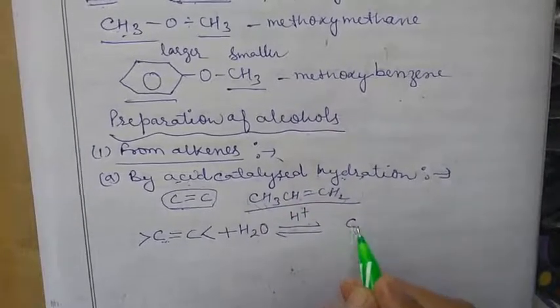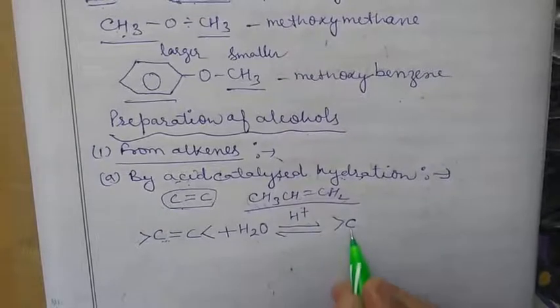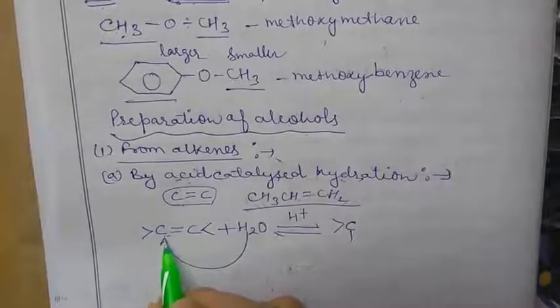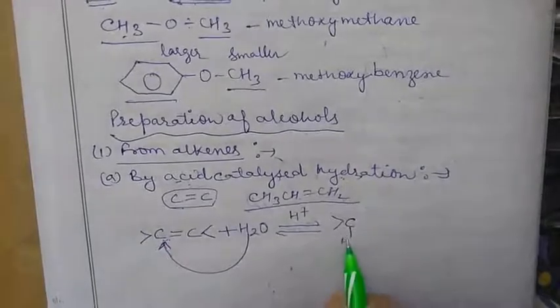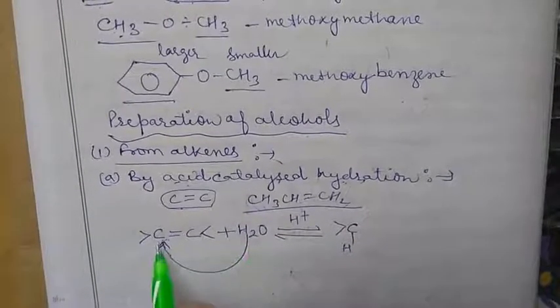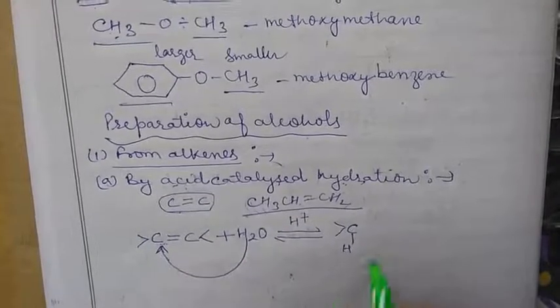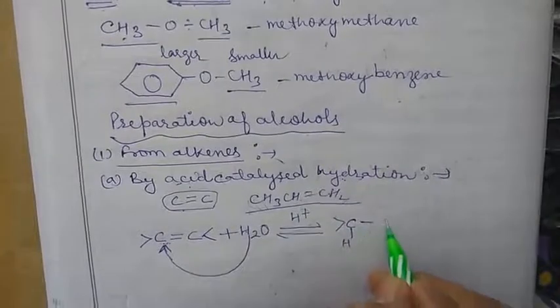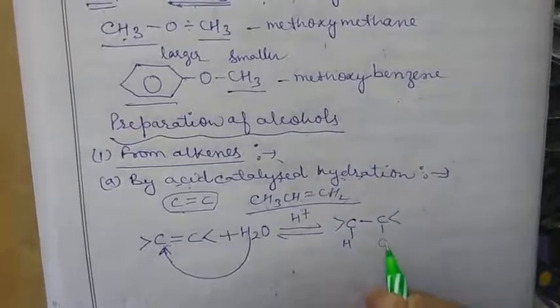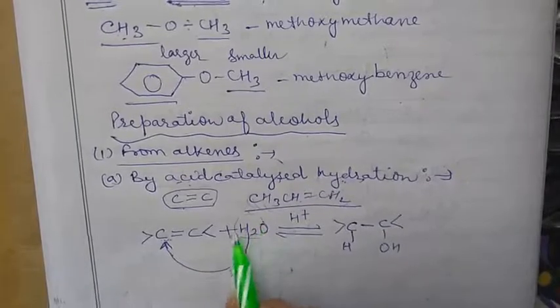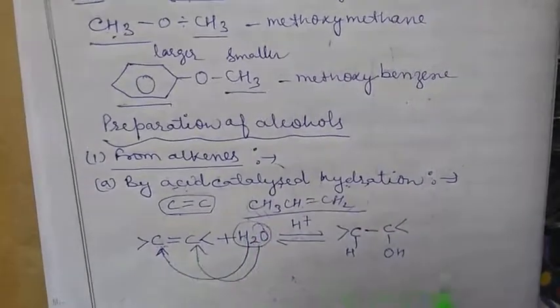So one hydrogen from water is attached to this carbon atom, so definitely that double bond breaks down and we have a single bond, and the remaining OH group is attached to the other carbon atom.